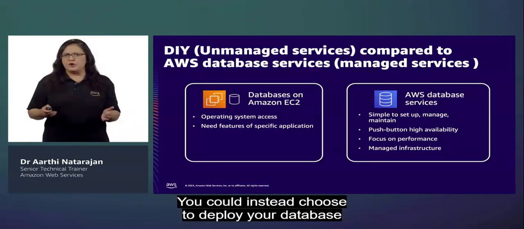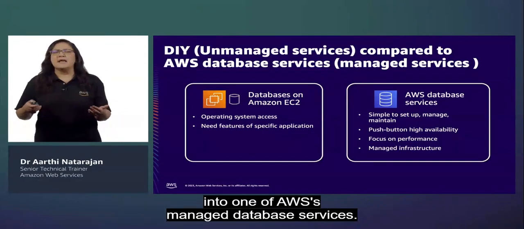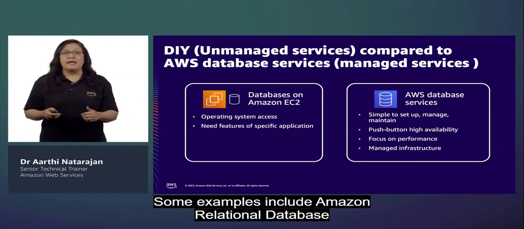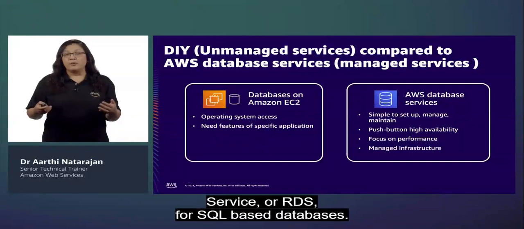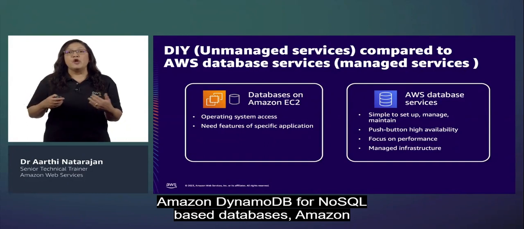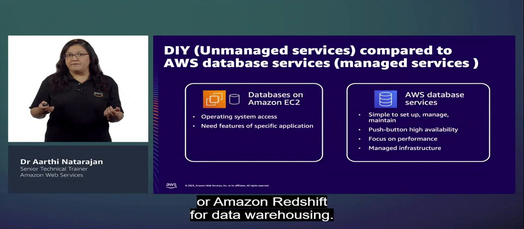You could instead choose to deploy your database into one of AWS's managed database services. Some examples include Amazon Relational Database Service, or RDS, for SQL-based databases, Amazon DynamoDB for NoSQL-based databases, Amazon ElastiCache for in-memory caching, or Amazon Redshift for data warehousing.